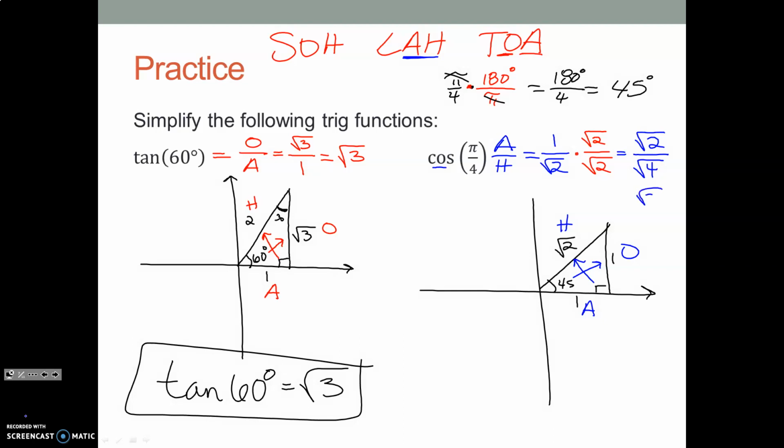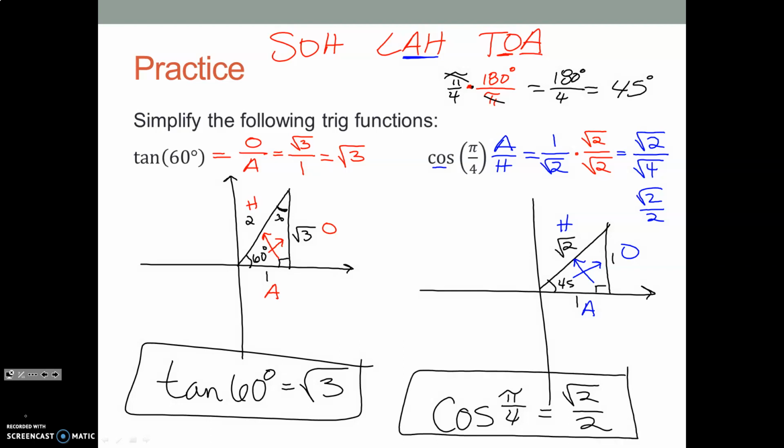So that gives me square root of 2 over 2. The cosine of pi over 4 equals square root of 2 over 2, and you could also write that the cosine of 45 equals square root of 2 over 2.